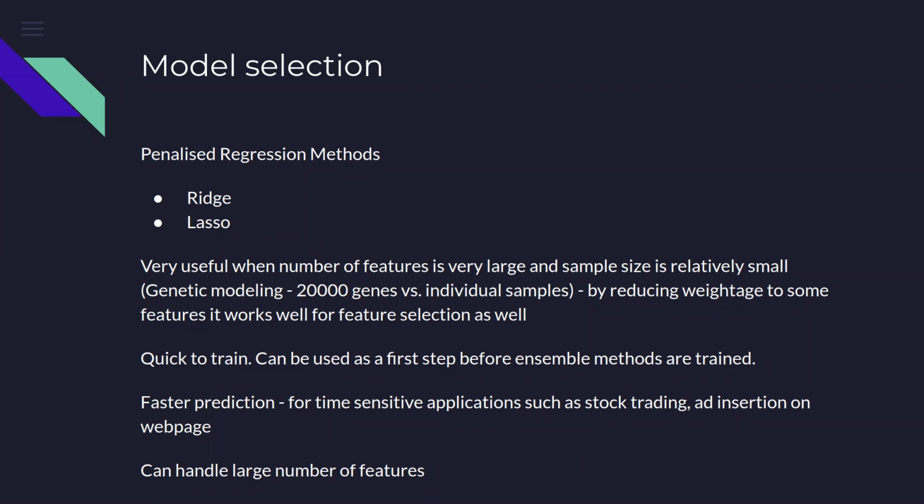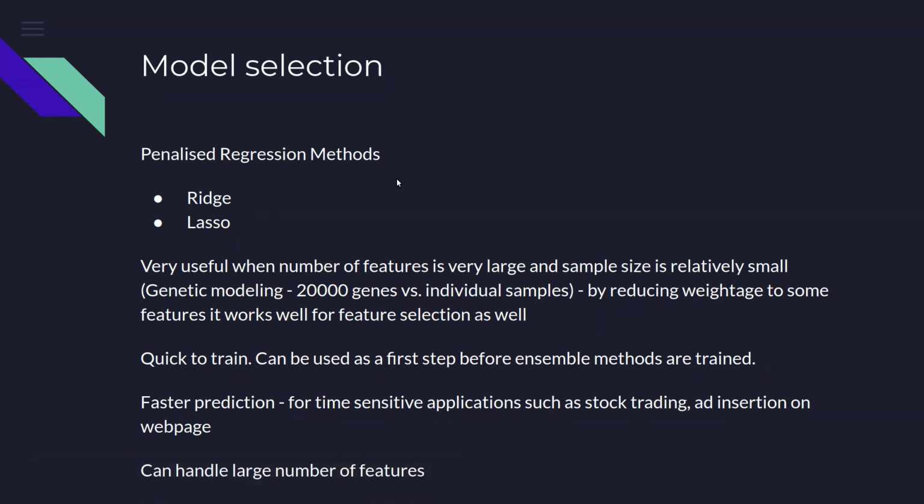In that case, we will say that during the optimization process, if the weight goes beyond a level, then it will be penalized, and therefore the system will not tend to give a very high weight to one of these features. These methods are called the penalized regression methods.